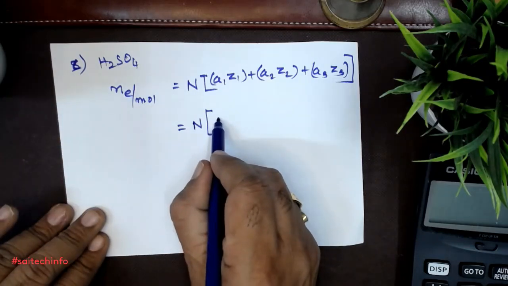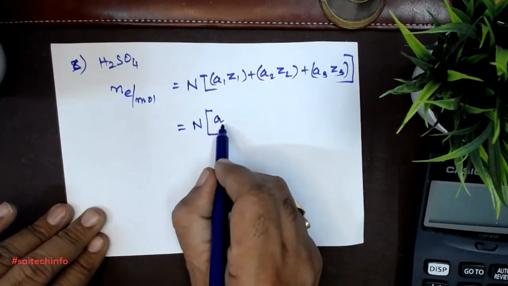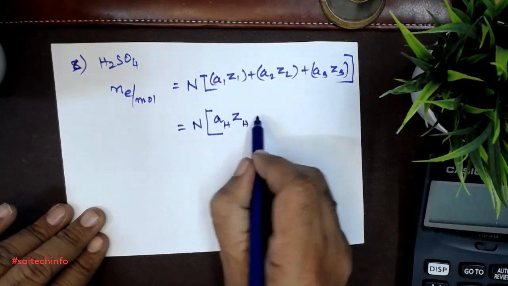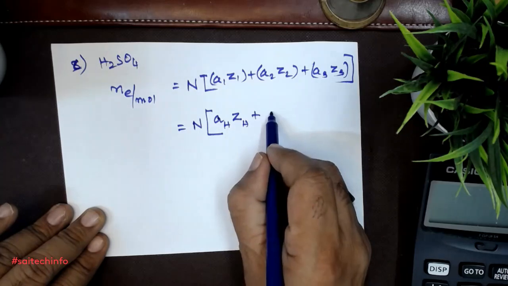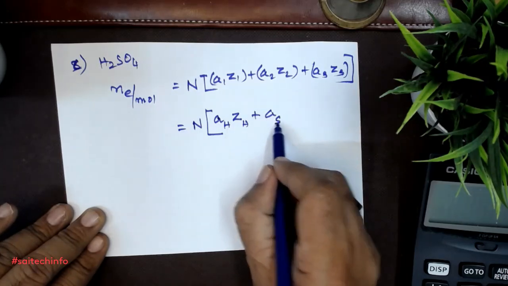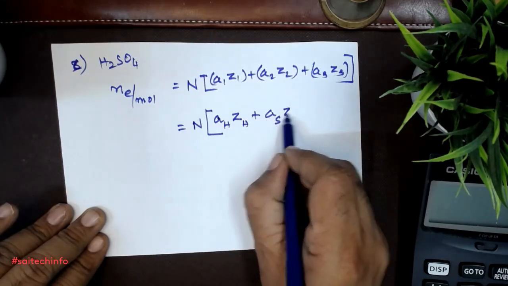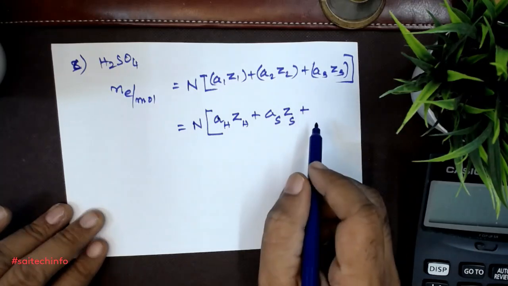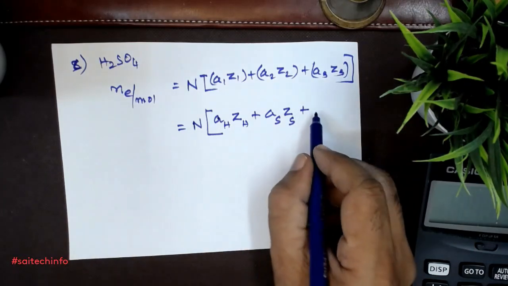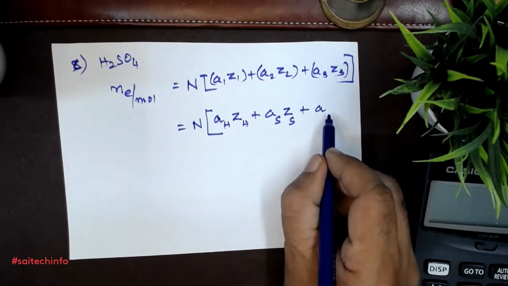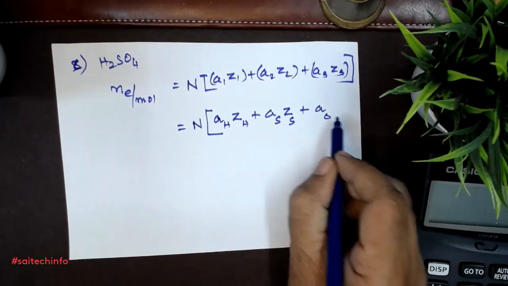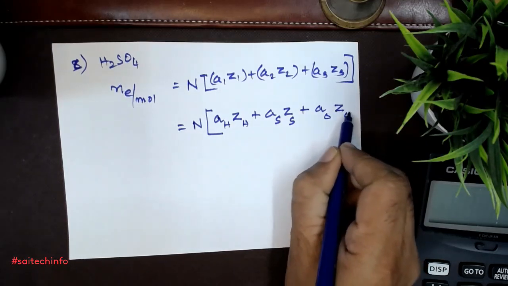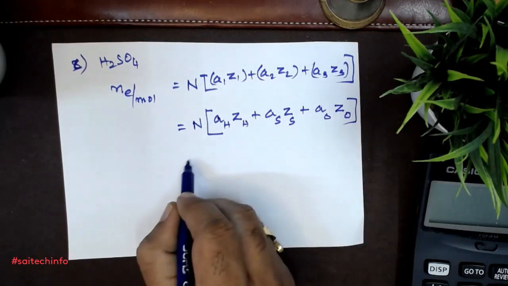So atomicity of hydrogen times atomic number of hydrogen, plus atomicity of sulfur times atomic number of sulfur, plus atomicity of oxygen times atomic number of oxygen, close the bracket.